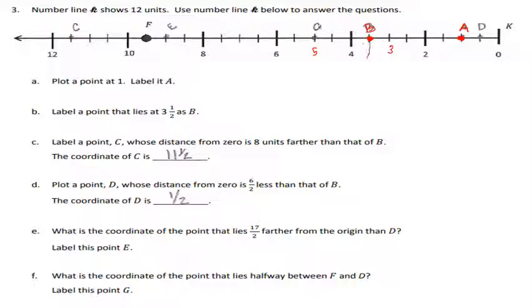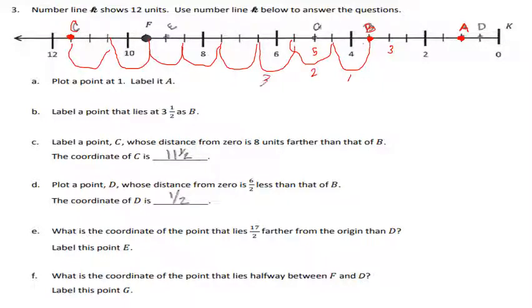So this 1 unit, 2 units, 3 units, 4 units, 5 units, 6 units, 7 units, and 8 units. So I know right here would be C. And I like labeling 1, 2, 3, 4, 5, 6, 7, and 8 units.